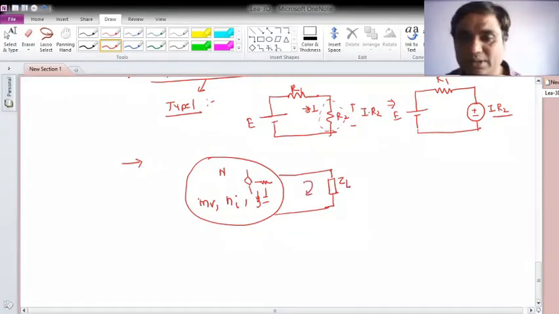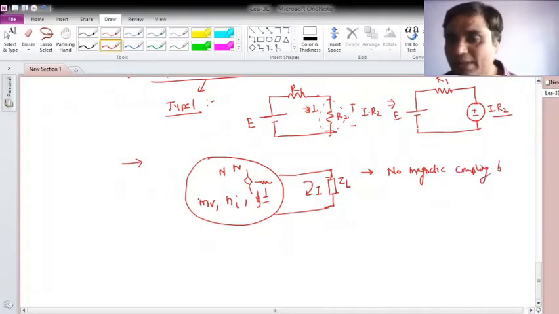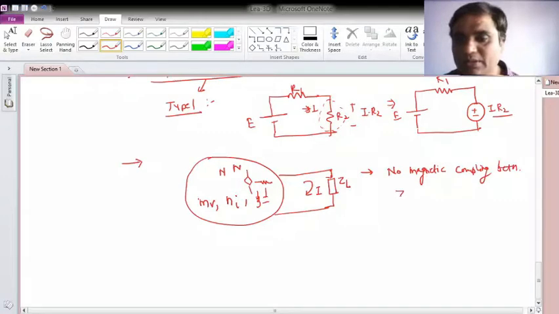And if I am interested in finding the current I, then Thevenin's theorem can be used to find this current I. The only restriction is that there should not be any magnetic coupling between this load ZL and N. So what is the restriction for Thevenin's? That is no magnetic coupling between ZL and network N. That has to be remembered.